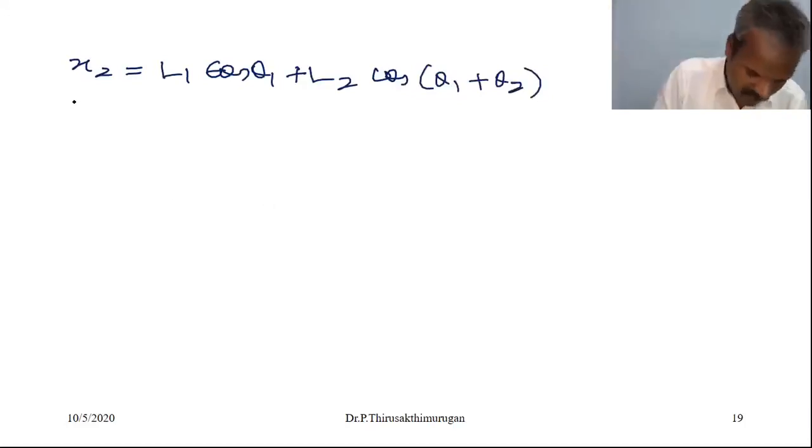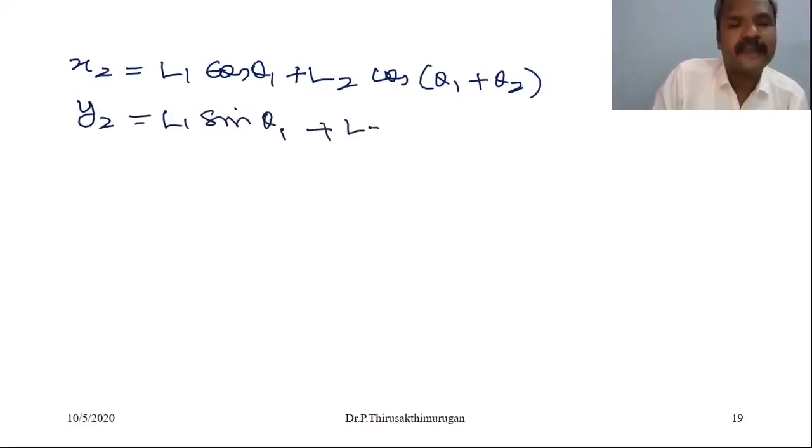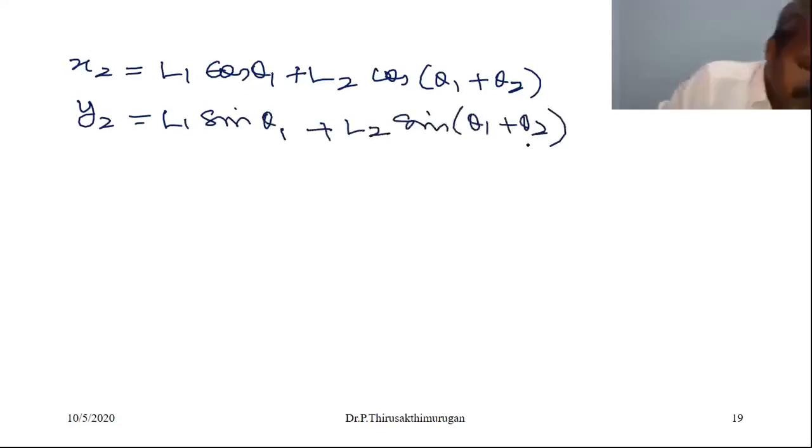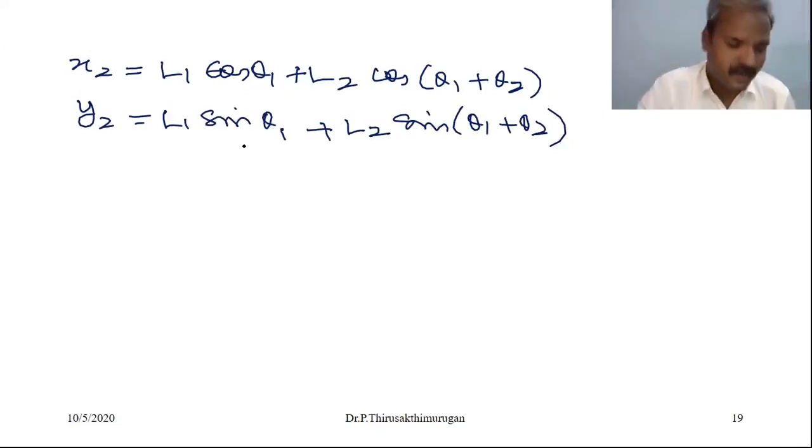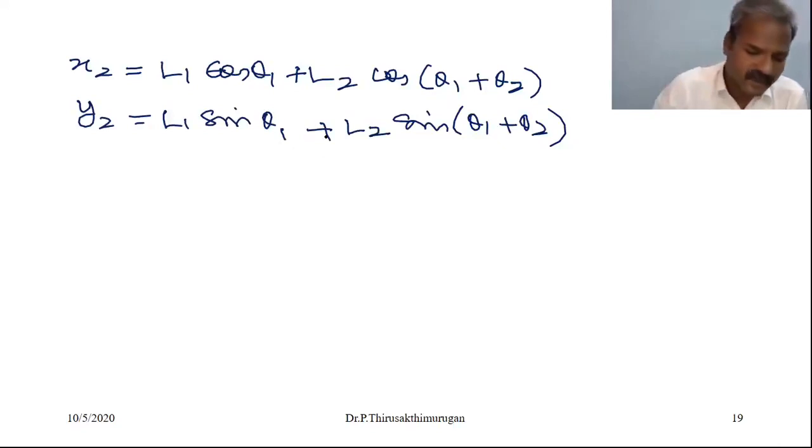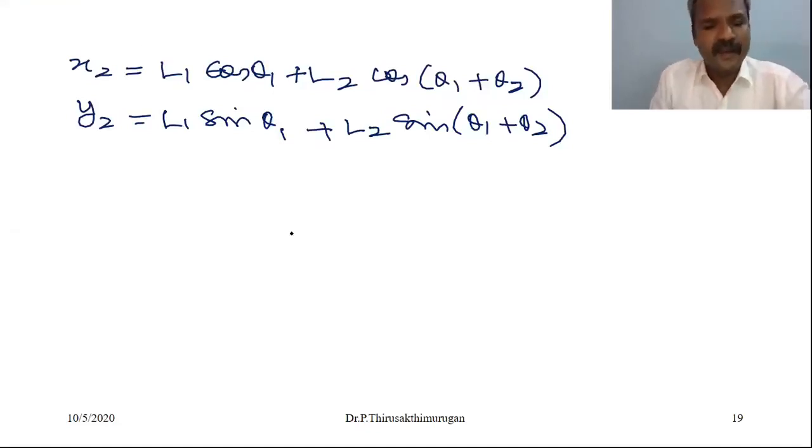We already determined for the 2 degree of freedom robot. L1 sin theta 1 plus L2 sin theta 1 plus theta 2. This we already know, right? From that 2 degree of freedom robot. This already we determined in the relations. So if you solve these two, what are you finally getting? We are finally getting the value. What is that?